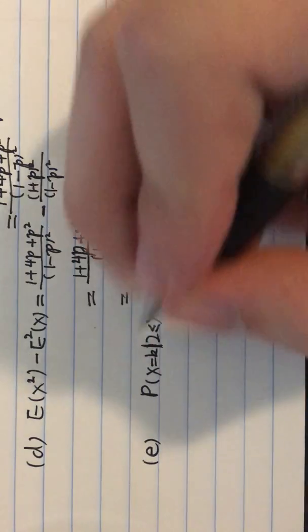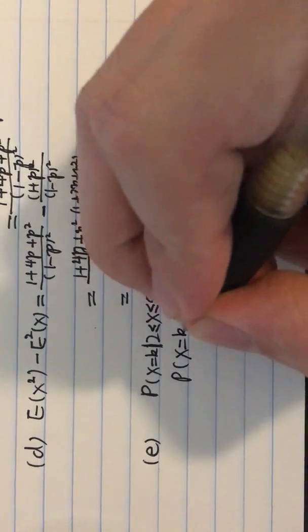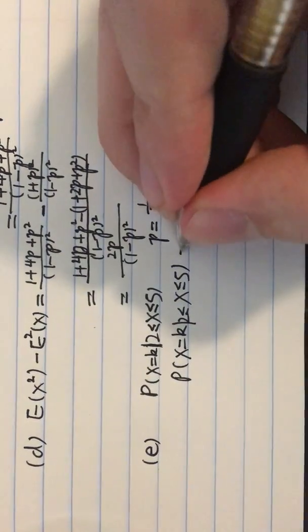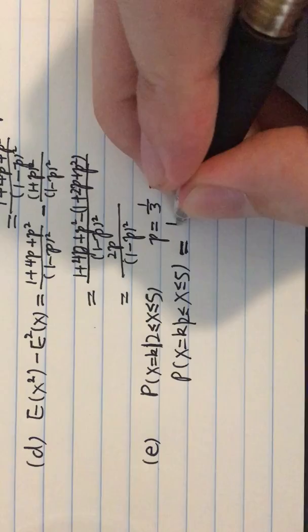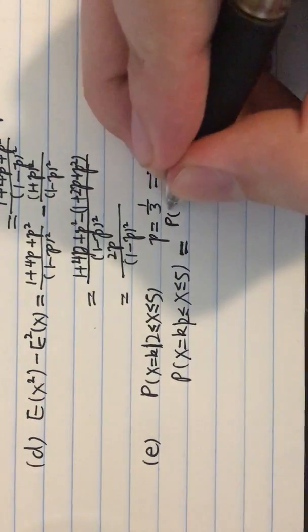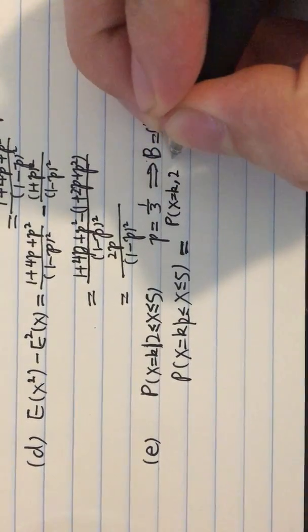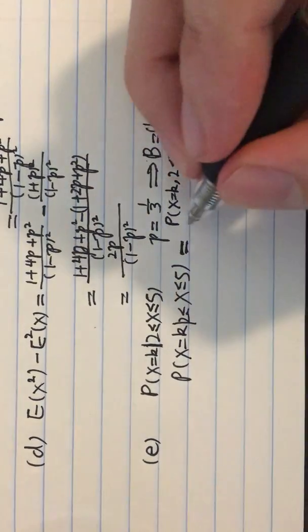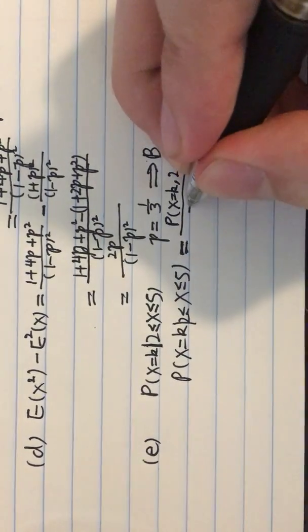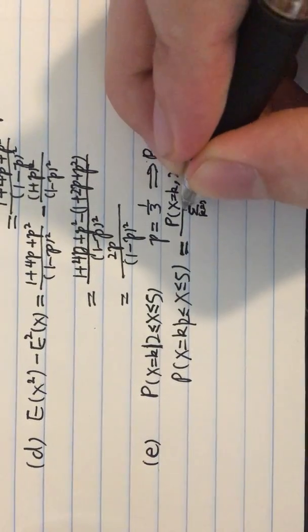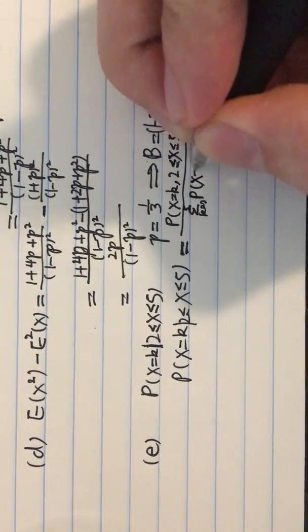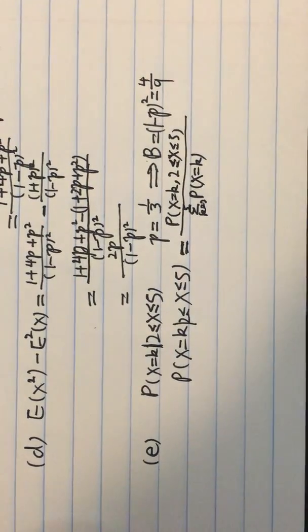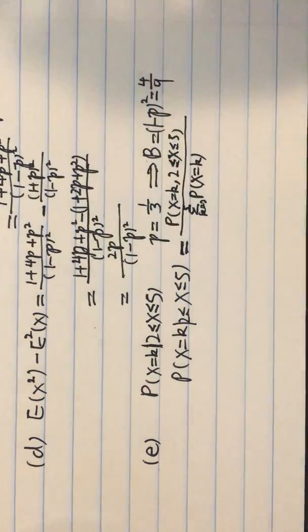Then this probability equals this probability over this. This is the definition of the conditional probability function.